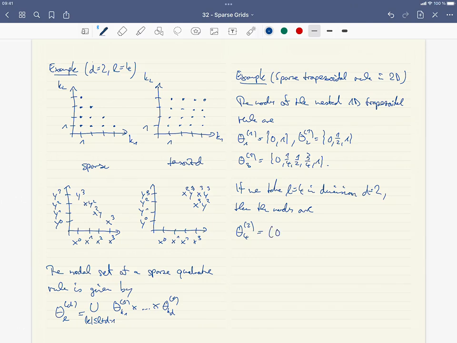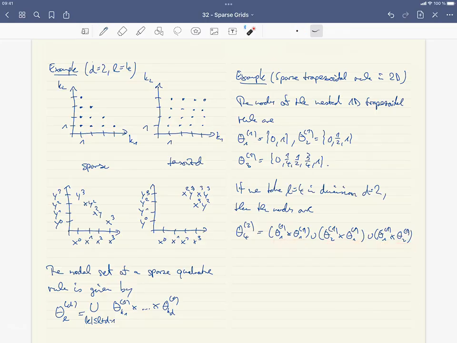So that is theta 1 1 cross theta 1 1, union theta 2 1 cross theta 1 1, union theta 1 1 cross theta 2 1. Here both of them add up to 2.